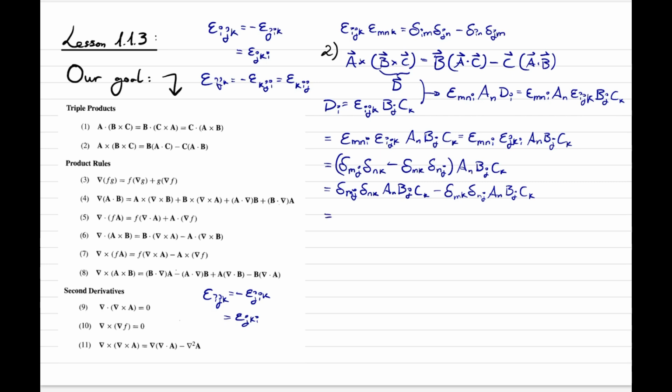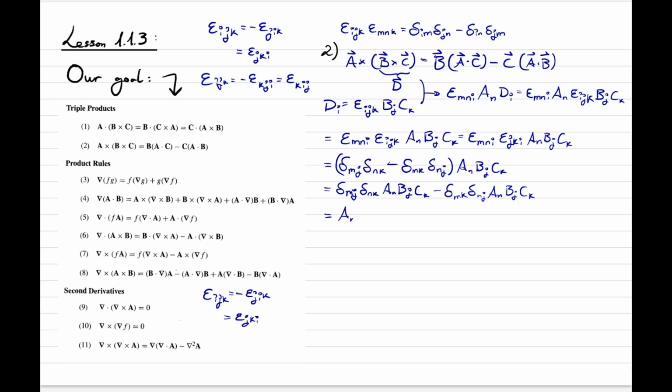And now we have to remember that the Kronecker delta collapses indices. So for example, here we have these j's repeated, so we can kill the j and put in the m. And the same for this other Kronecker delta. We have the k repeated with a Kronecker delta. So the Kronecker delta comes here, it erases the k and it writes in the n.